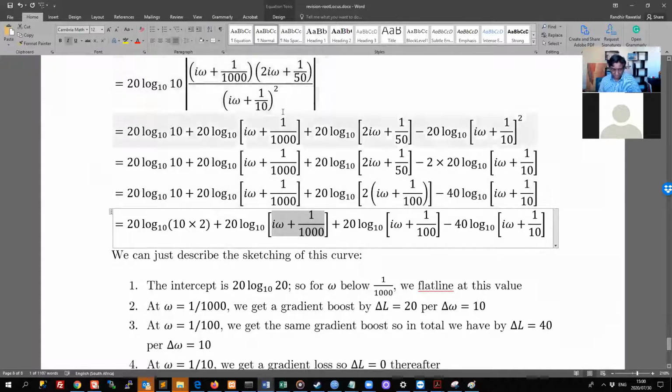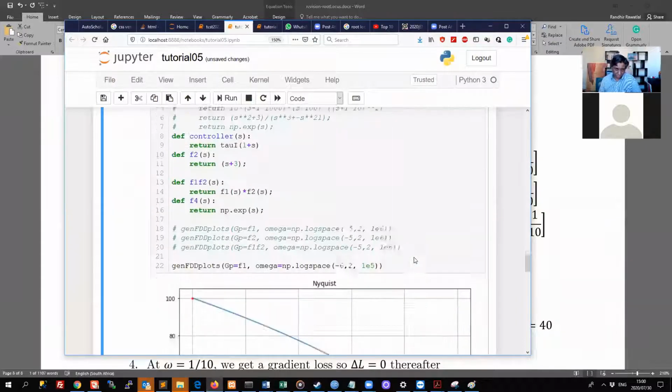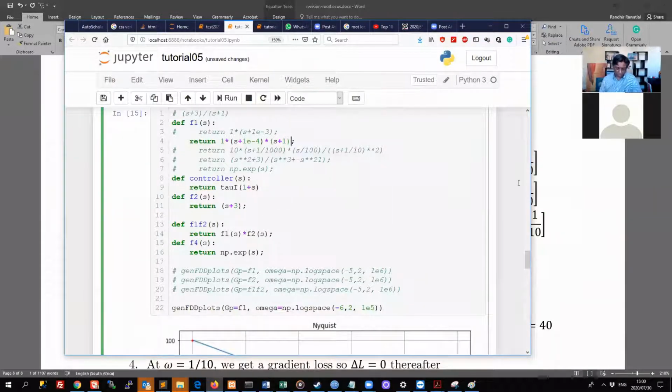And then if you have terms in the denominator, and here this is 1 over 10. So let's just do it here. So if you divide by, and let's make this at 100, s plus 100, and let's square this denominator. So we might anticipate that, well, from the first 2 terms, we've doubled the gradient. And from this term, it's going to reduce that gradient by 2 orders. So it should flatline actually at the end.